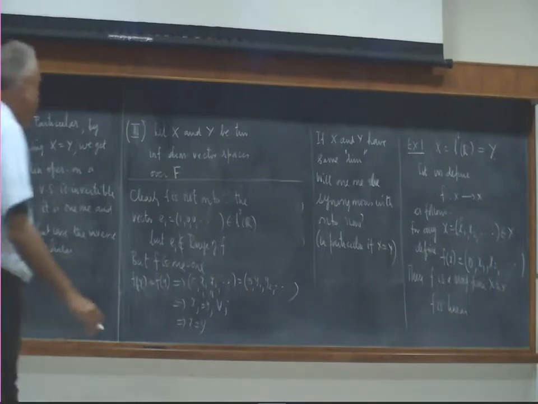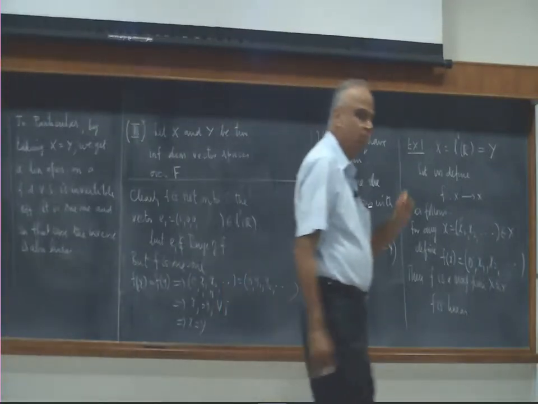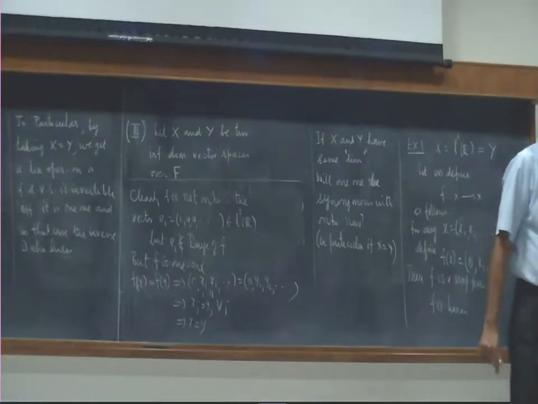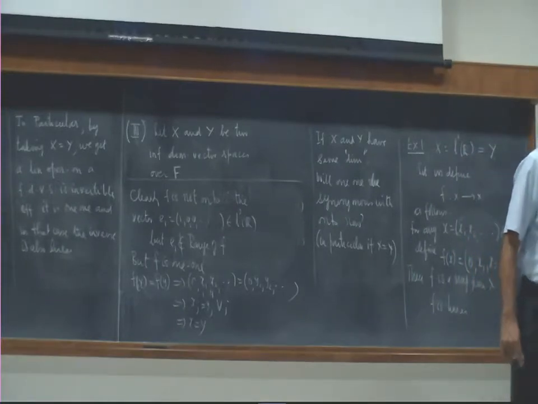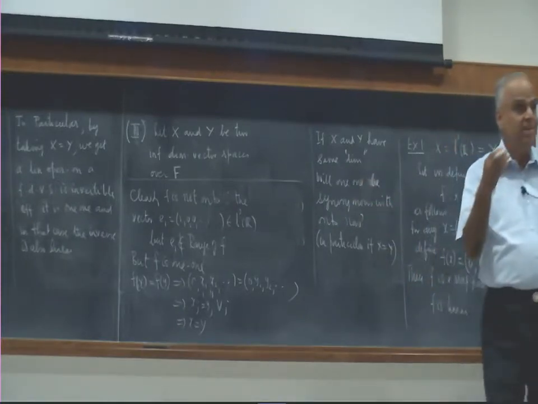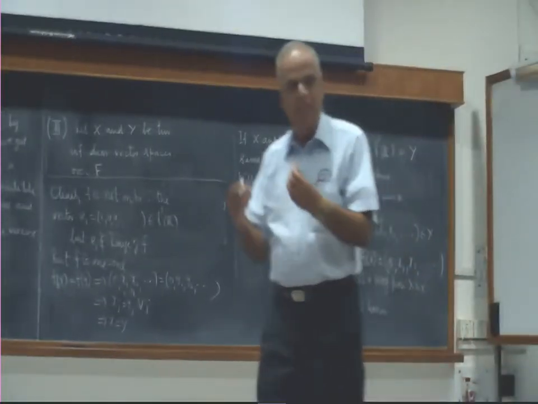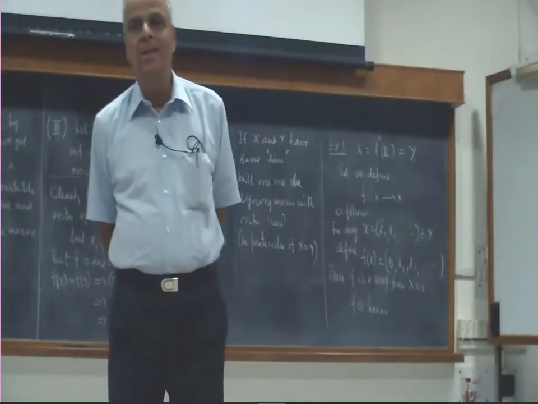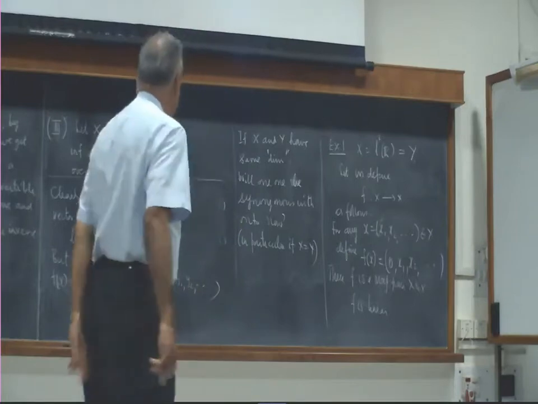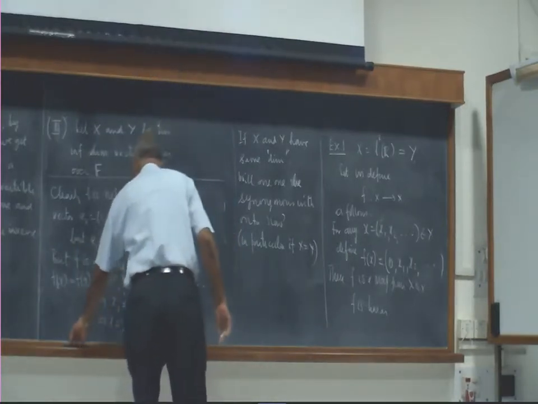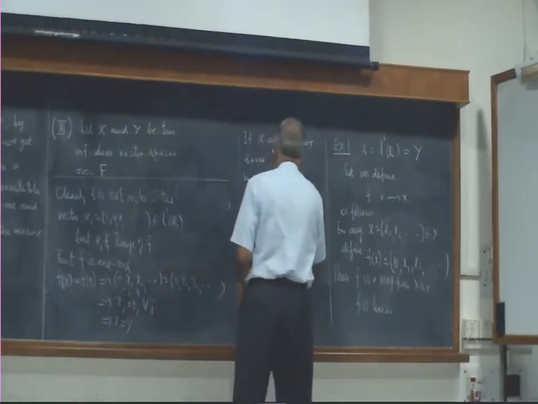So, therefore, we have a function now which is 1-1 but not onto. So, they are not synonymous, even though the dimensions are the same. Both are same spaces in fact, and still 1-1 does not mean onto. So, therefore, 1-1 does not imply onto.